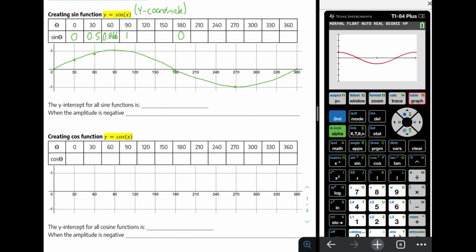So for cosine of x, now if we do trace 0, we are starting already at our maximum point of 1. If we do trace 30, so 30 degrees further, we are at 0.866. Trace 60, you're at 0.5. And then if we do trace of 90, so we go 90 degrees around our circle, we are at 0.